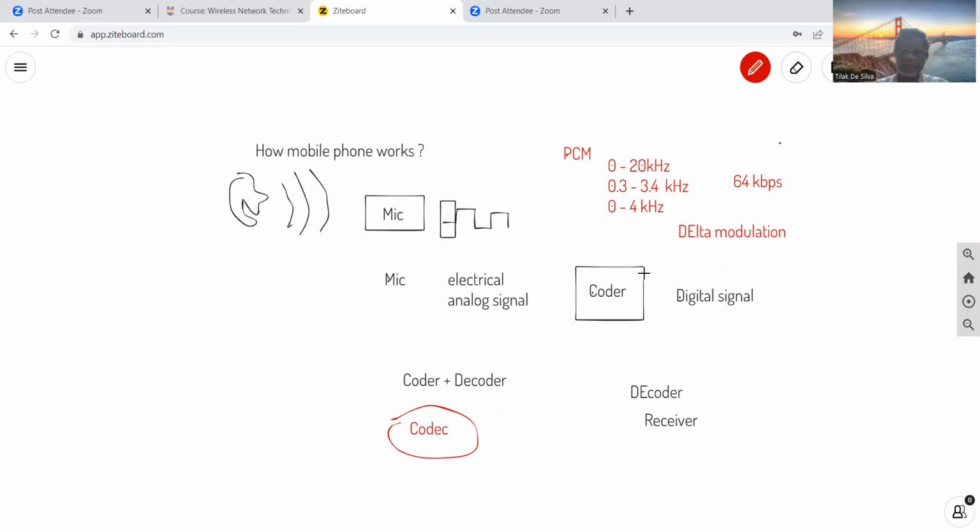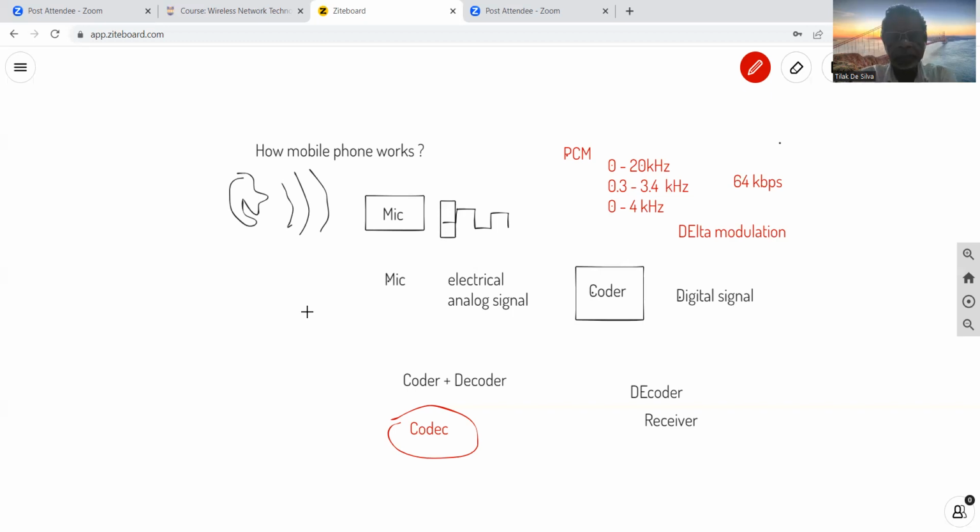Okay. This is converted to digital only. But inside there is some other mechanism. This digital signal you cannot transmit as it is. So what is the transmission media we are going to use in the mobile phone? Wireless. That means the free space. Free space is the transmission media we are going to use to send the signal.